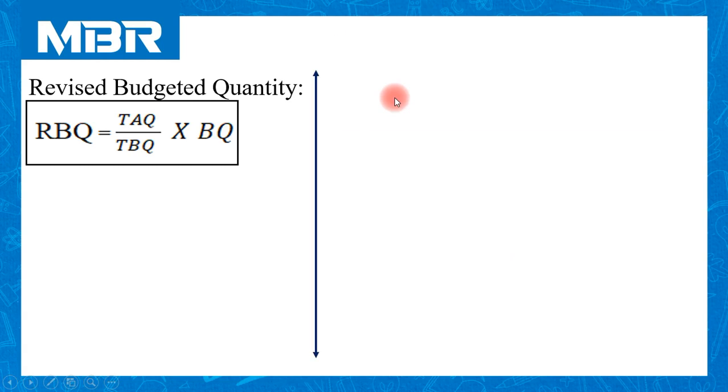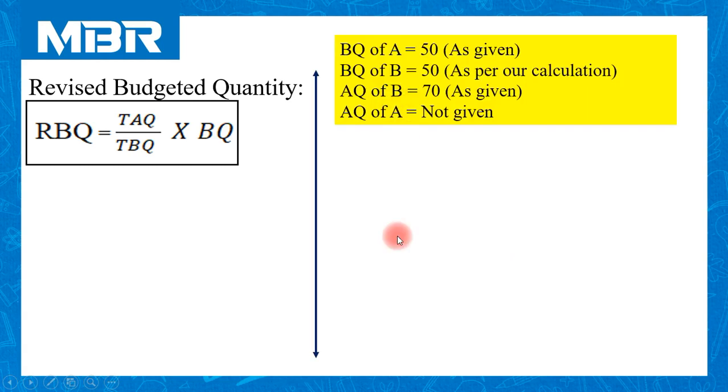Let us prepare a summary. Budgeted quantity of A 50 units as given in the question, budgeted quantity of B 50 units as per our calculation. At the time of calculation of product B, we have completed calculation of budgeted quantity. Actual quantity of product B 70 units as given in the question, and the problem is actual quantity of A, which is not given to us in our question.